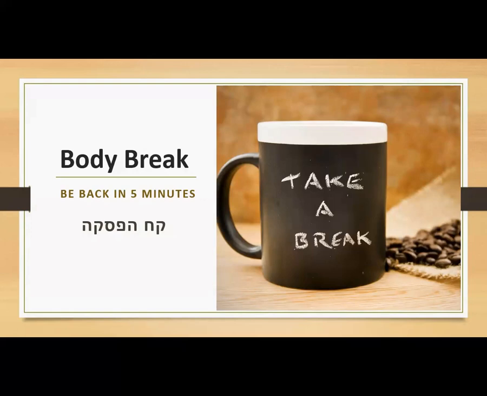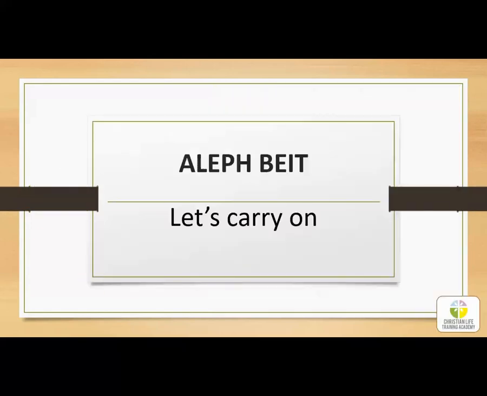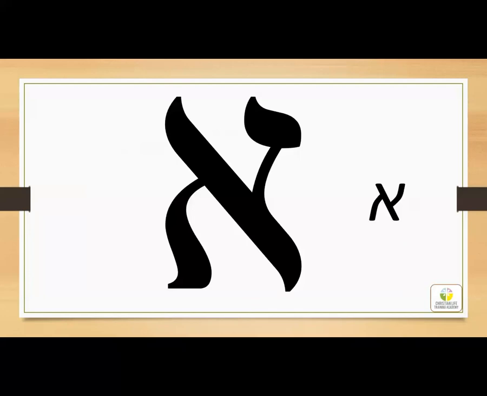All right, I'm here. I'm here. Okay. Let's carry on. Good. Now we go to the easy part, the one that we all love, and the one that we find so easy, is the alphabet. All right.